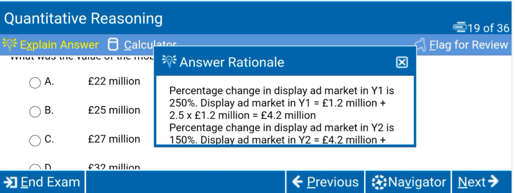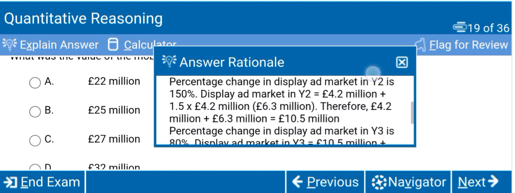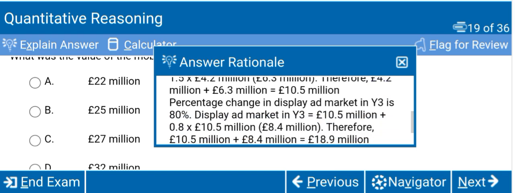Percentage change in display ad market in year 2 is 150%. That is, display ad market in year 2 equals 4.2 million pounds plus 1.5 multiplied by 4.2 million pounds. Therefore, 4.2 million pounds plus 6.3 million pounds equals 10.5 million pounds.